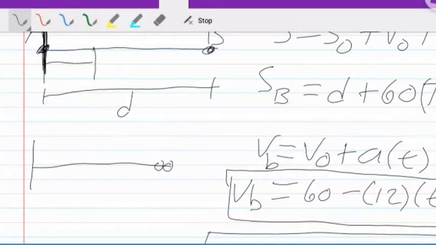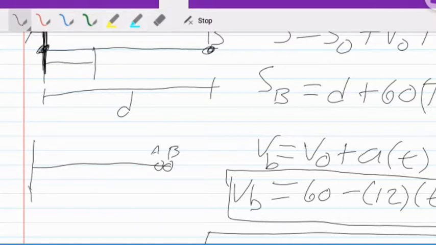And then, since this is A and this is B, A has a greater deceleration rate, so it's going to eventually go backwards relative to B, because it's going to slow down. It's first going to catch up to B, it's going to come real close, and then it's going to start pulling back.